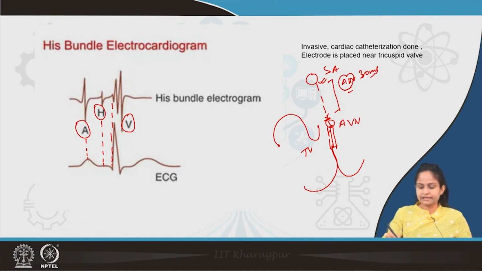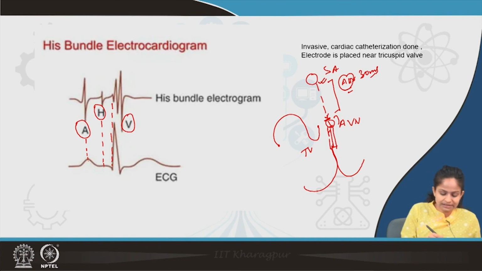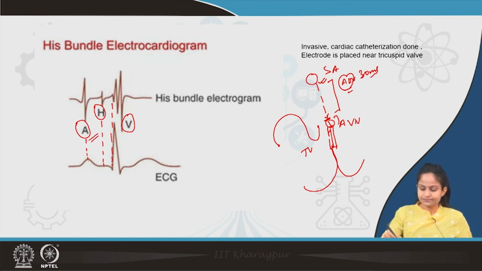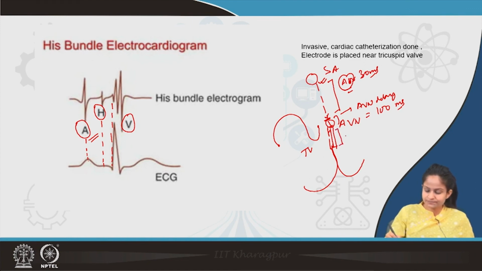Then the time taken through the AV nodal conduction, this AH, is your AV nodal delay. This is around 100 milliseconds, and the HV conduction is your bundle of His conduction, which is around 40 milliseconds.